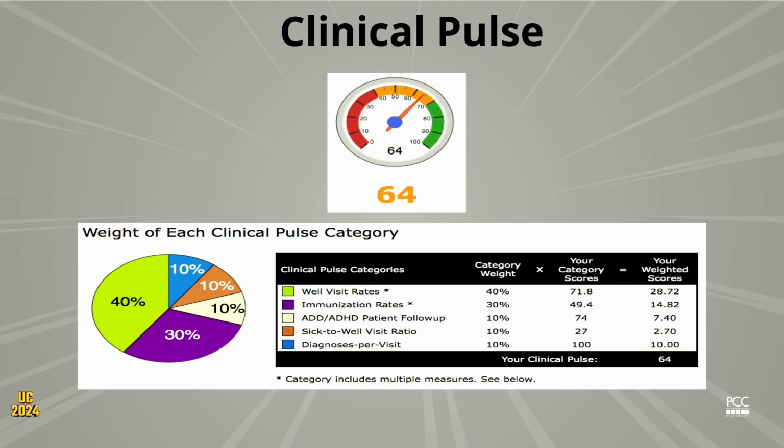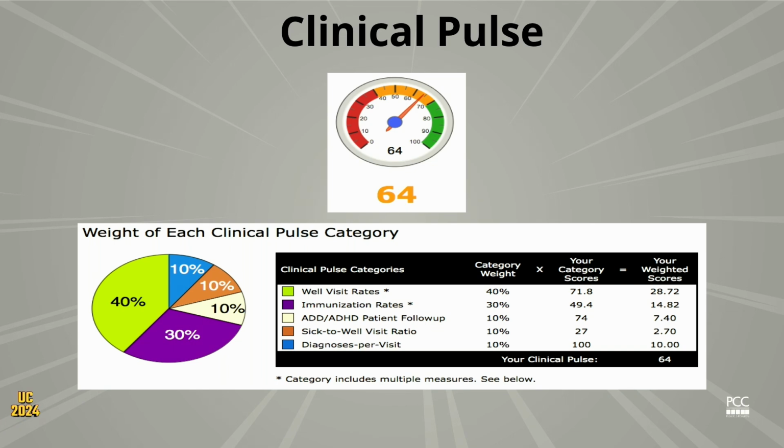There's a weighting for every particular measure. Well visit rates we weight as 40% of your overall pulse. Immunization rates as 30%, and that's ADHD patient follow-up, sick to well visit ratio, diagnoses per visit. Those are the only measures that are included in the pulse, okay, the overall pulse. There's other clinical measures out there.